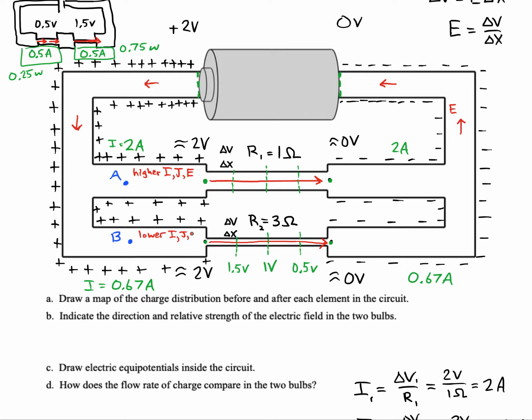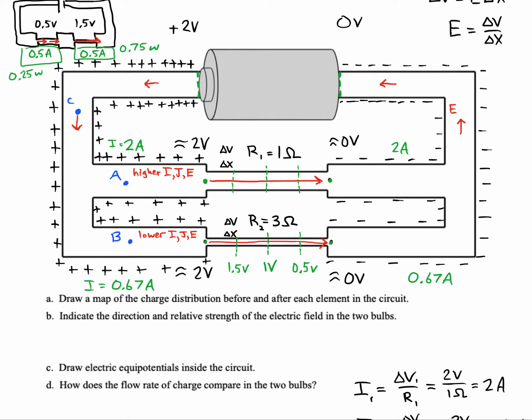These things are all proportional to each other. But how does A and B compare to, say, point C? Let's say it has the same thickness and the same material and all that. How will the field strength there compare to A and B?